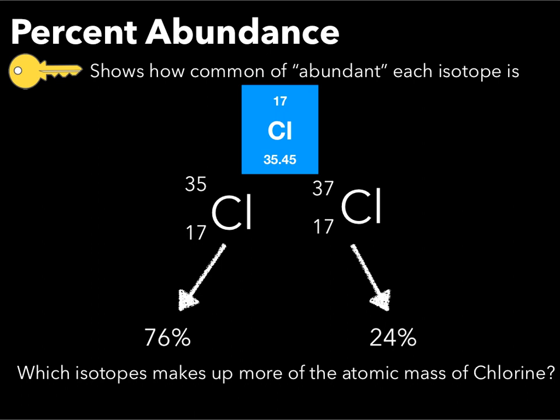So the mass of chlorine is somewhere near 35. Since chlorine 35 is more abundant, there's more of these isotopes in nature, it is going to make up most of the mass of chlorine that we average on the periodic table. So the key point is here: percent abundance shows how common or abundant each isotope is.